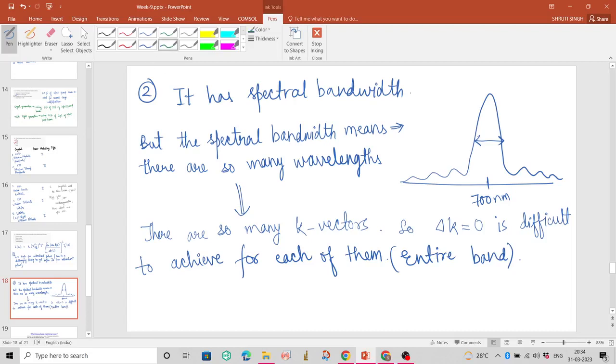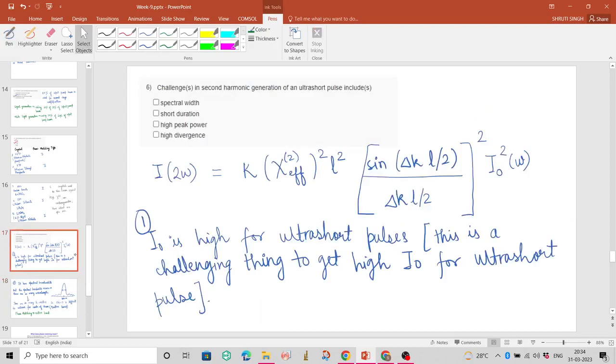That is, phase matching should be satisfied for the entire band. Correct? And which is a difficult thing to achieve, right? So these two are the challenges if we are using ultra short pulses for generating second harmonic. So answer to this question will be spectral width and this high peak power.